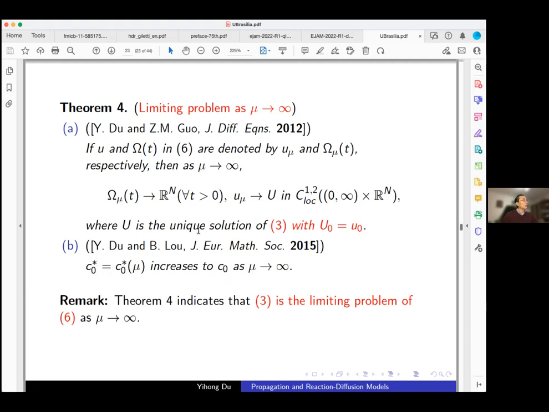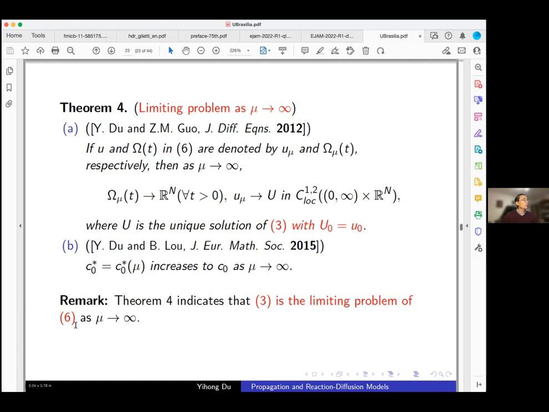So really, these results indicate that the classical model 3 is the limiting problem of the free boundary model when mu goes to infinity. Now, what's the biological meaning of mu in this model 6? Well, 1 over mu is proportional to the population loss near the boundary.